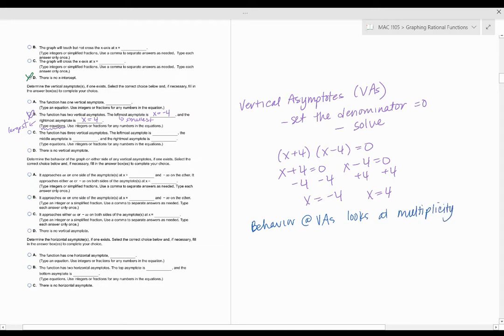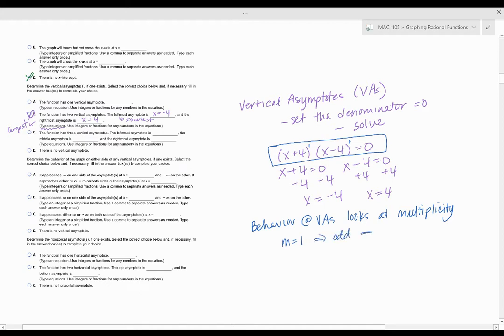I want to look at the degree on the factor where each one of those vertical asymptotes came from. When we wrote our denominator, I need to look at what the exponents were. The exponent on each one of these factors is 1, so the multiplicity is 1. All right, 1 is odd.